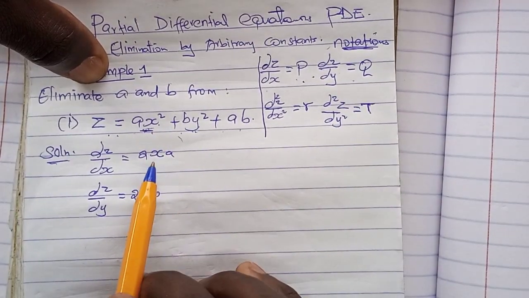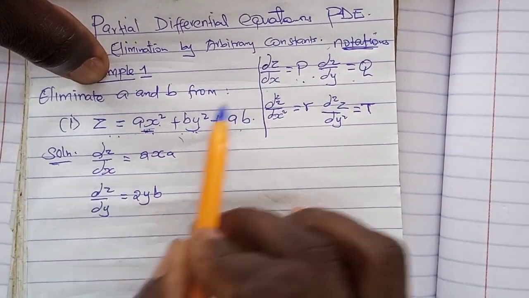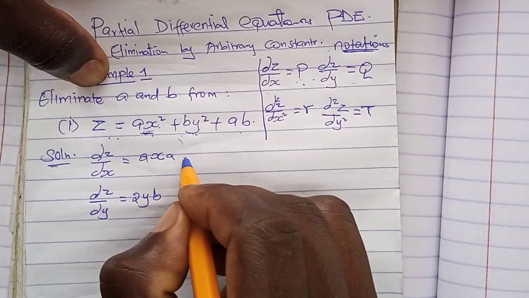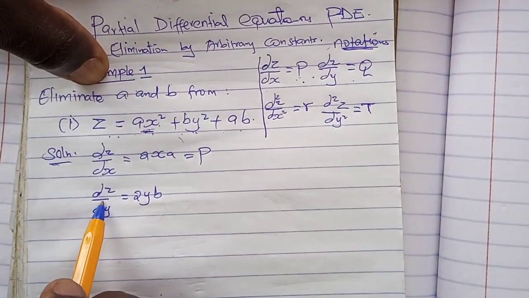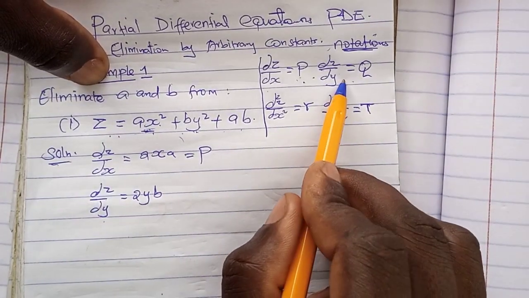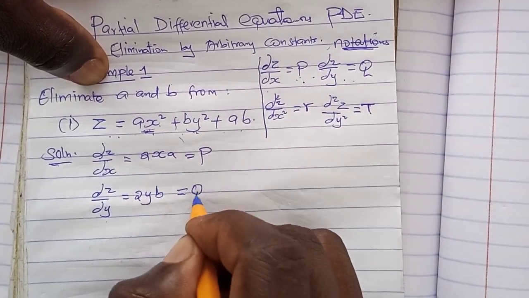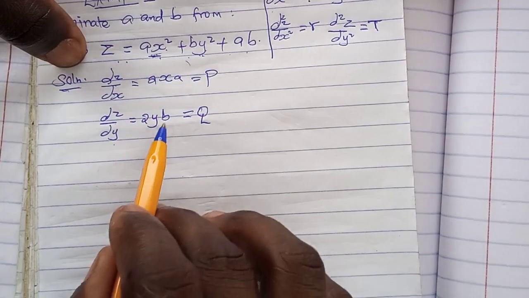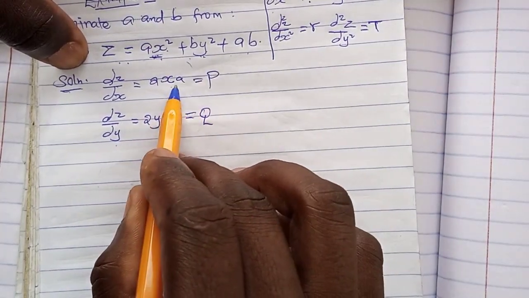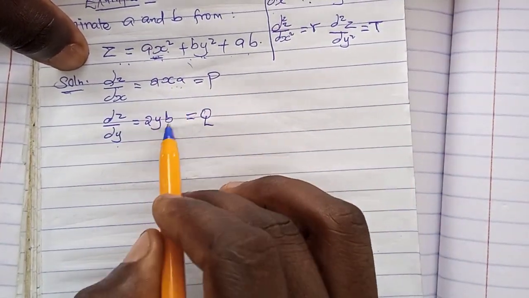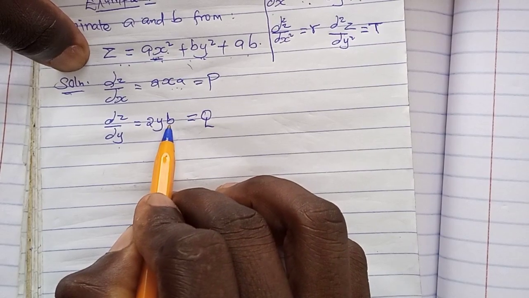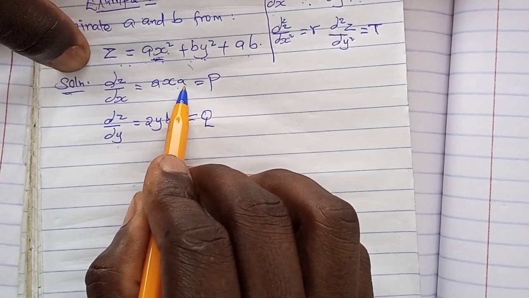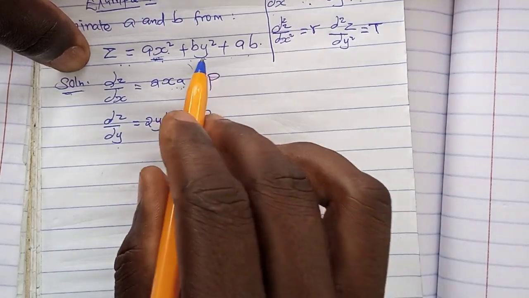Now, in our notations, partial Z over partial X is P, so this is the same as P. Then partial Z over partial Y is the same as Q. Making work easier, we make A the subject. These A and B are the arbitrary constants we want to eliminate from the equation.